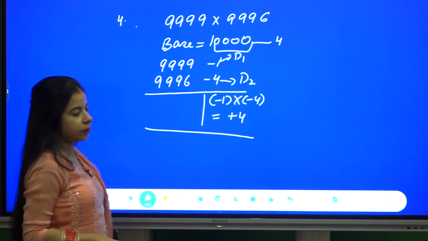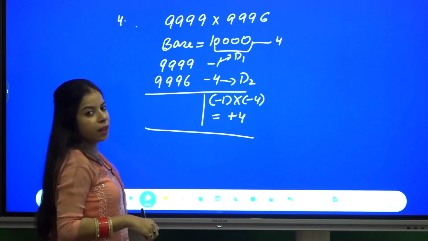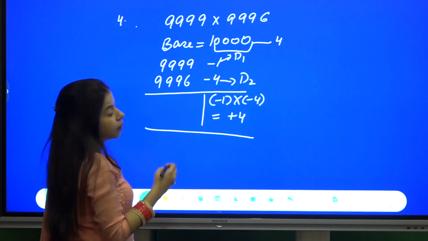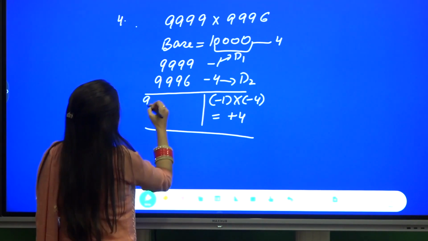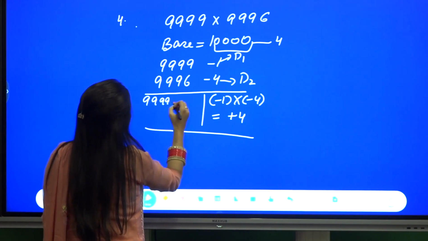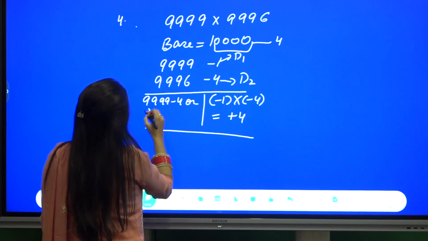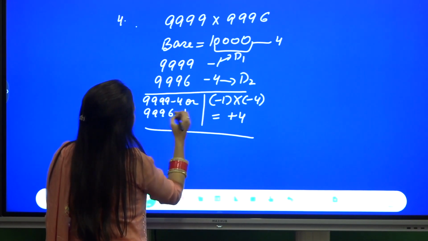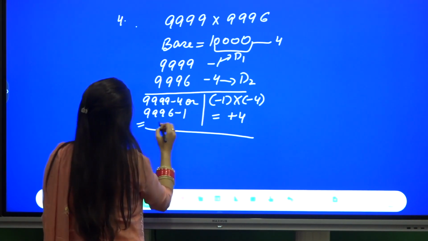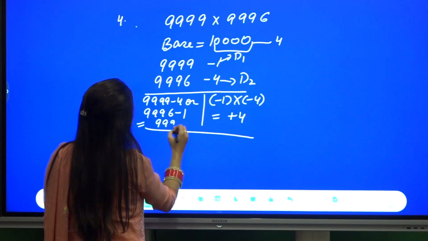And for the left part, we are going to add the numbers crosswise, that is 9999 minus 4 or 9996 minus 1, and in both the cases we are getting 9995.